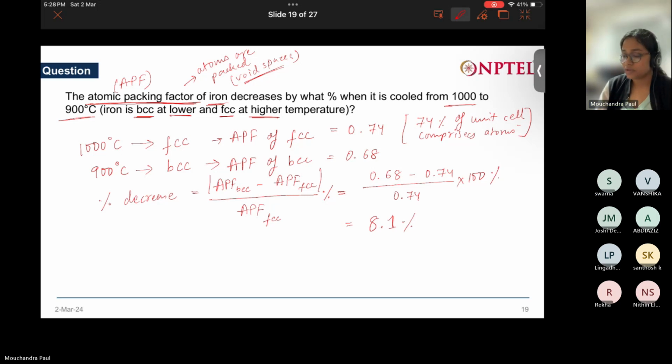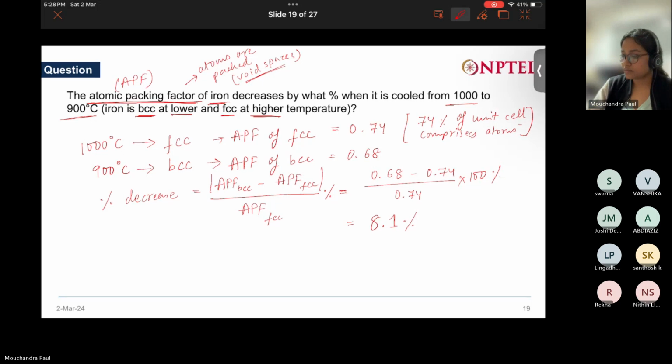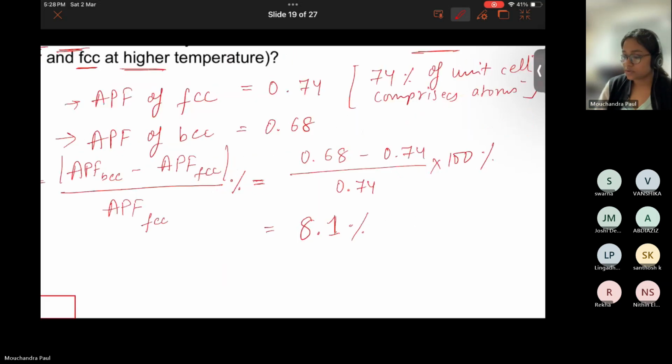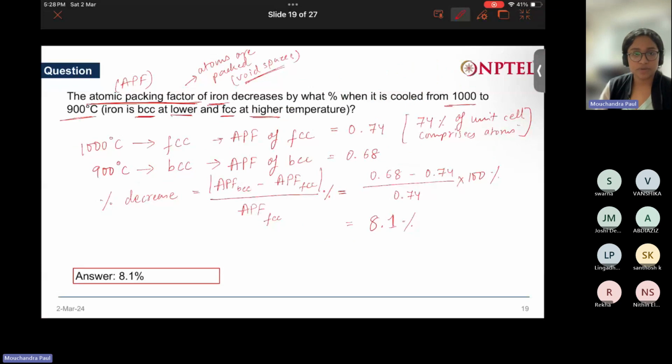Okay. So let's see if we are correct. Yes, the answer is 8.1. In this way, you can calculate the other way around. When the iron is heated, you can also calculate the percentage increase in atomic packing factor.